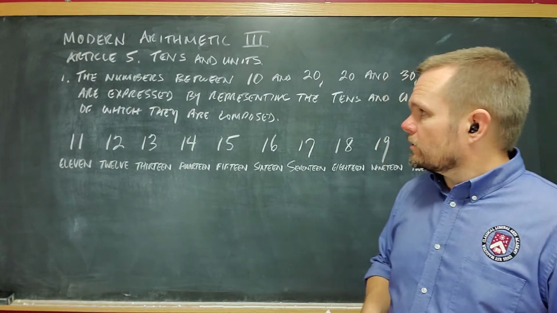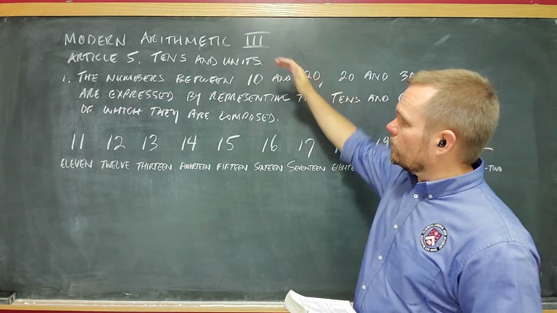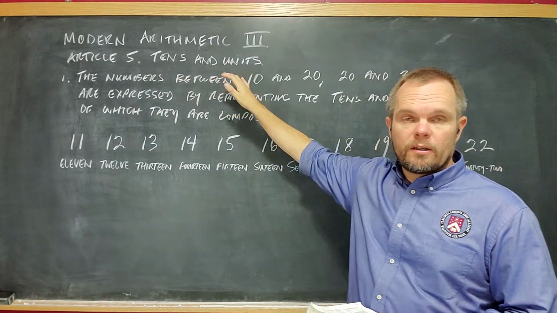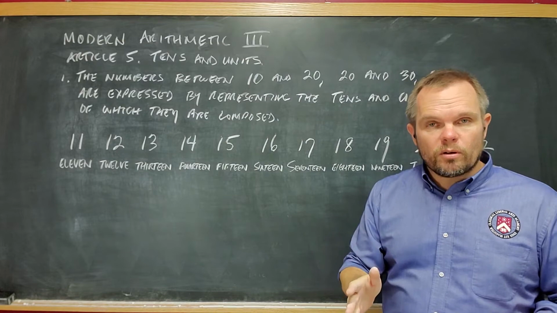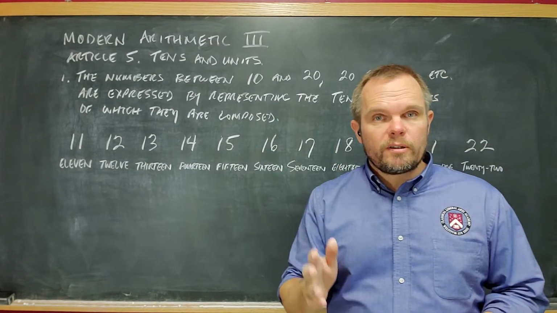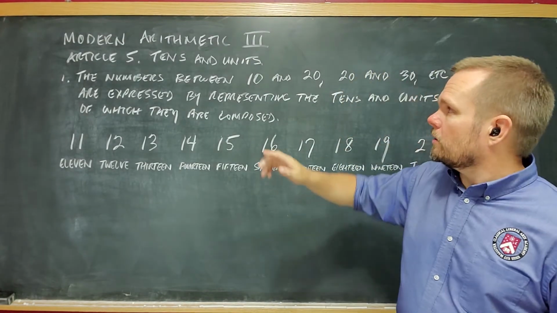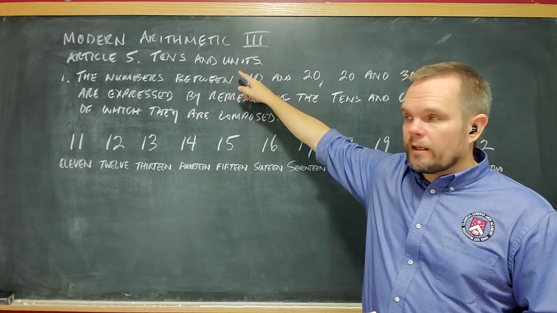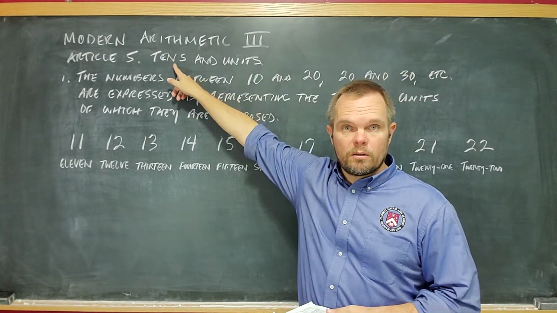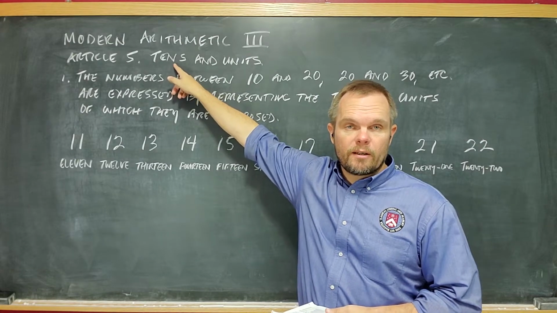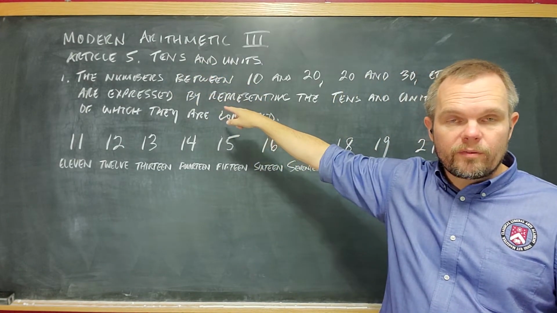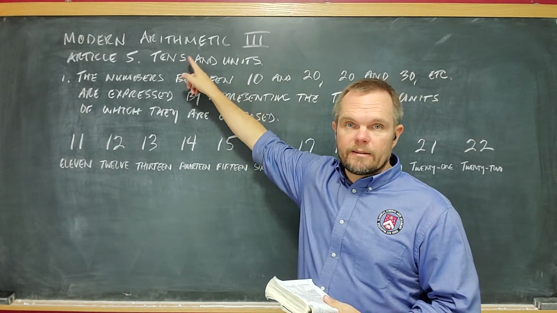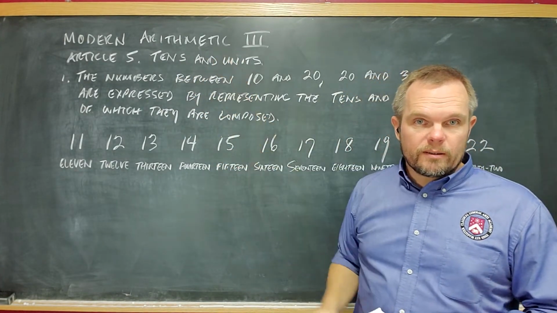Okay? So here we're going to study tens and units. So you need to make sure that you have carefully studied Article number 3, which taught us about units, and Article number 4, which taught us about tens. Because in Article 5, we're going to put them together and talk about tens and units.